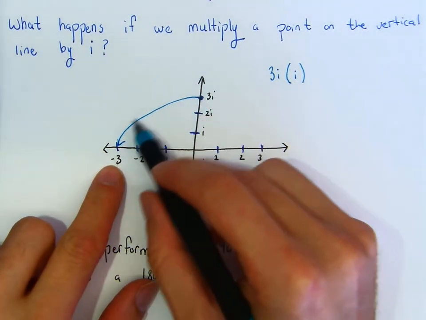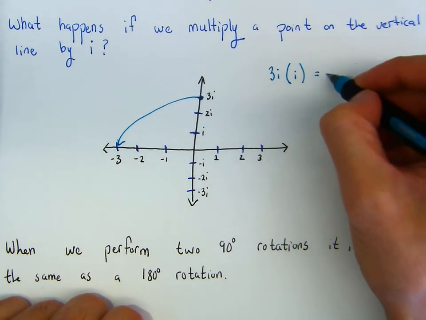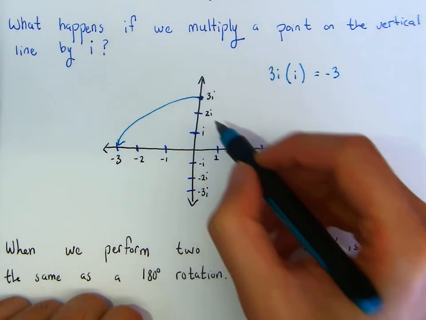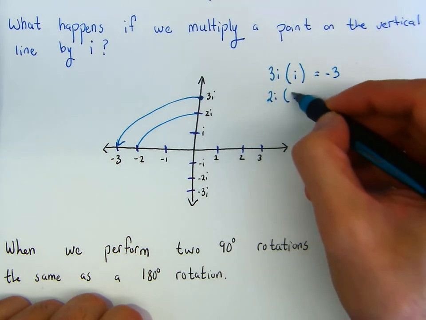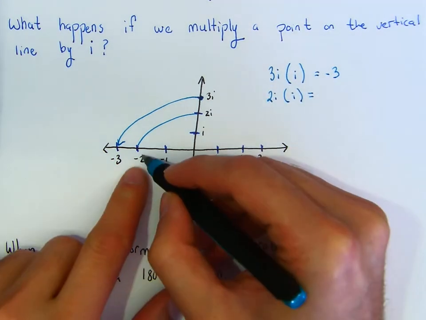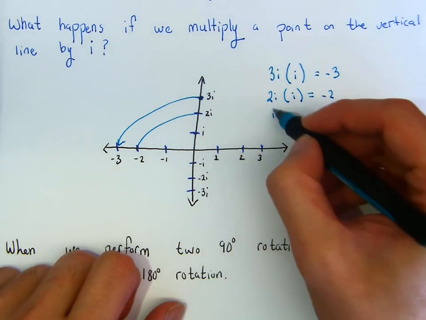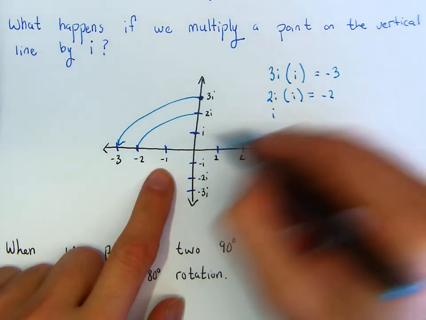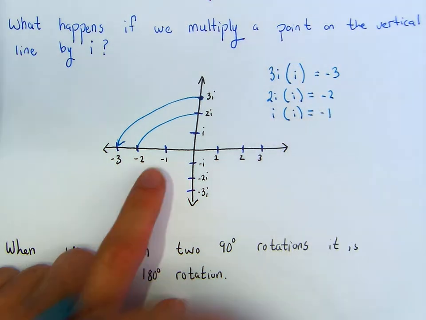It's still creating that 90-degree rotation. So this should be -3. And notice that also here, if I take 2i and I multiply by I, it gets me to -2. And that same idea here, if I'm at I and I multiply by I, it gets me to -1.